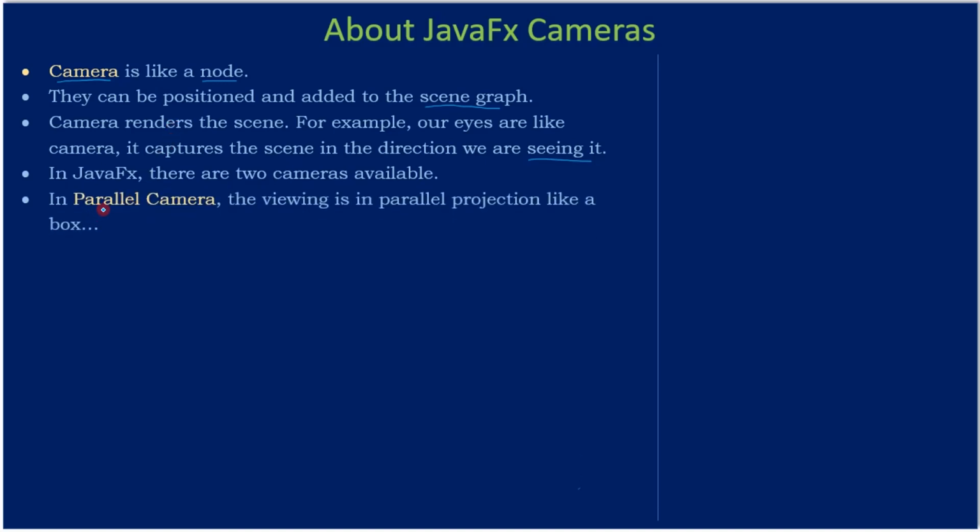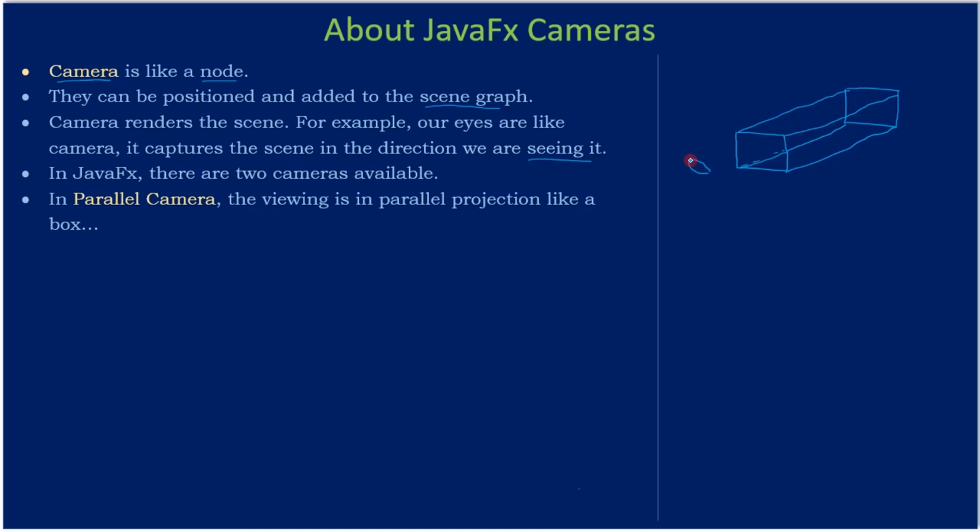One is parallel camera, and in parallel camera, the viewing is in parallel projection, like a box. So for example, if you see here, this is your viewing angle.